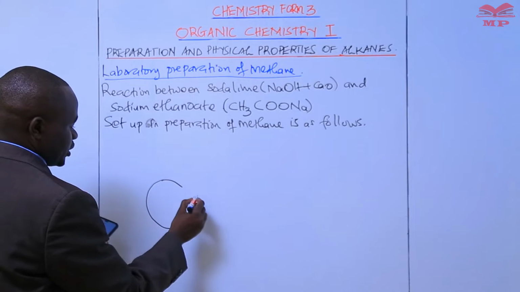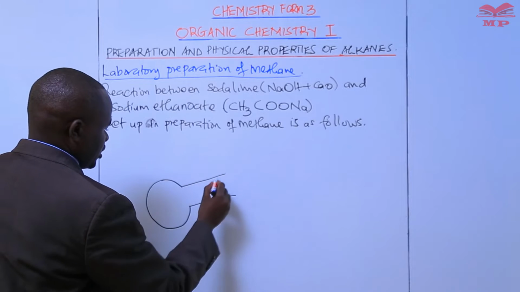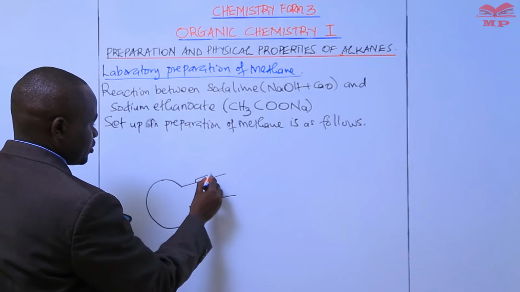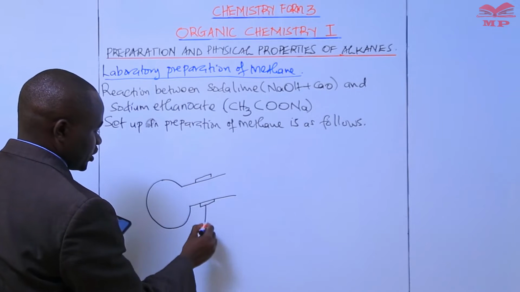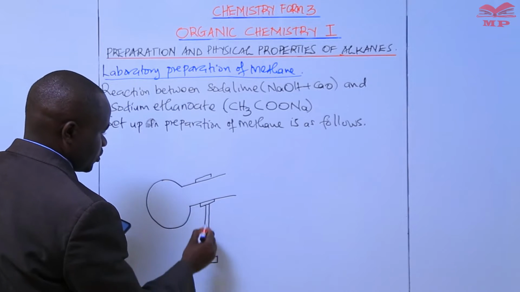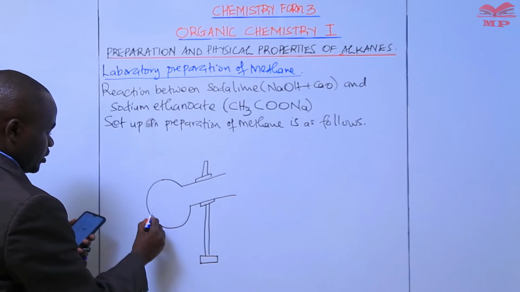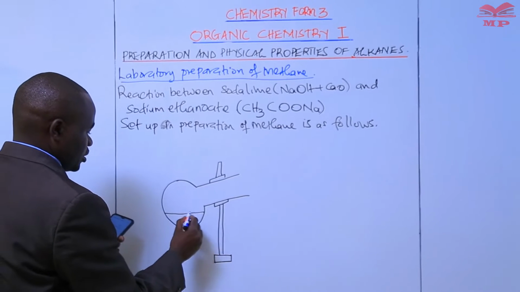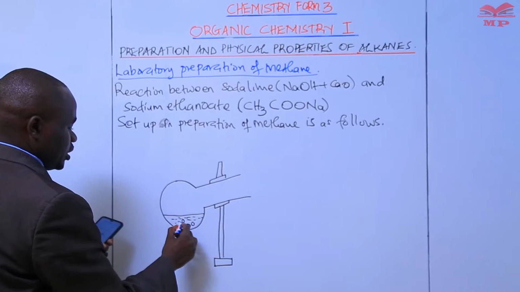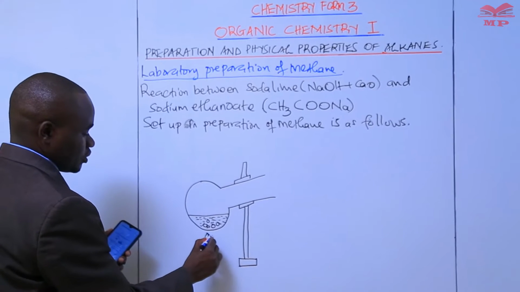This round bottom flask has been set in a slanting position, and then we have the stand just to hold that round bottom flask in position. We put the mixture of soda lime and sodium ethanoate in this round bottom flask, and then we heat.